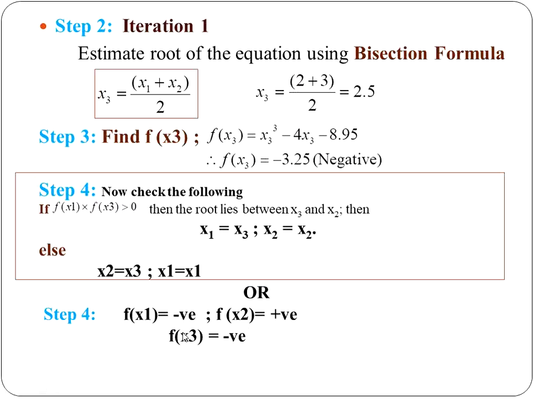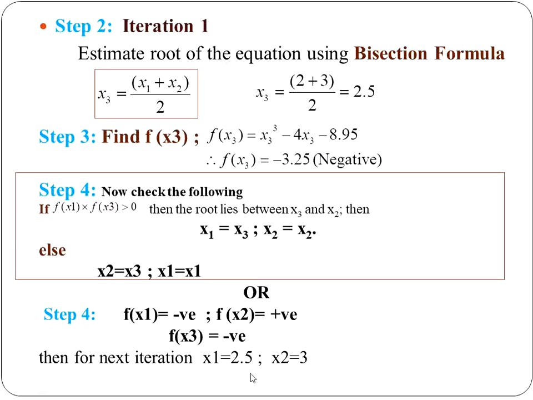At that time we can write x1 is replaced by x3 and x2 will remain the same. Now suppose f of x3 is positive, then we can write x2 equal to x3 and x1 equal to x1, to change the initial guesses for the next iteration.